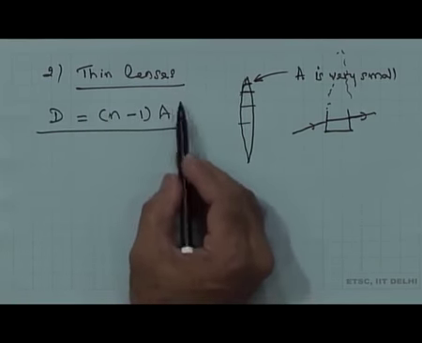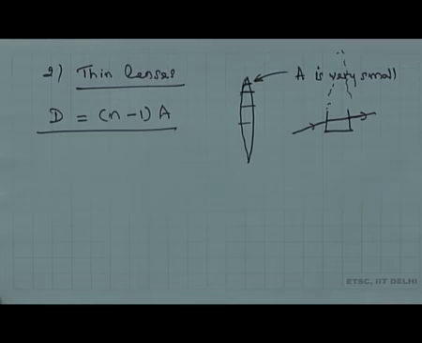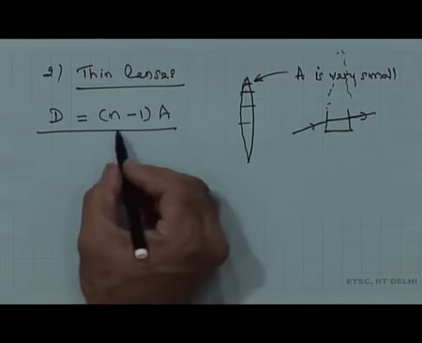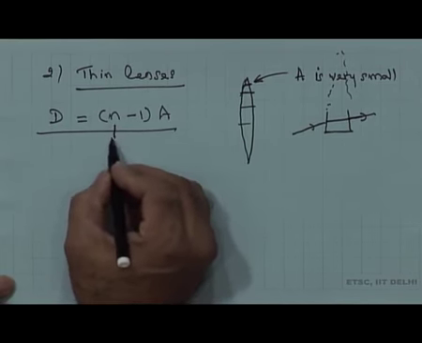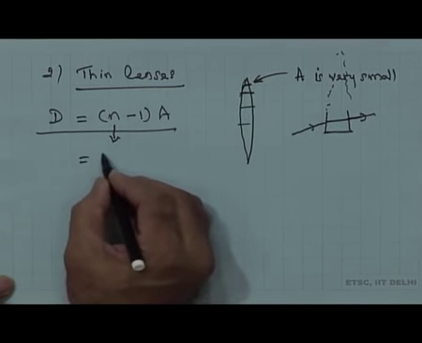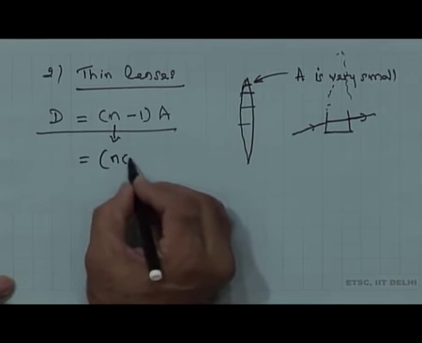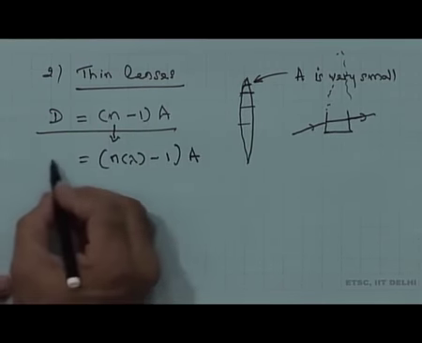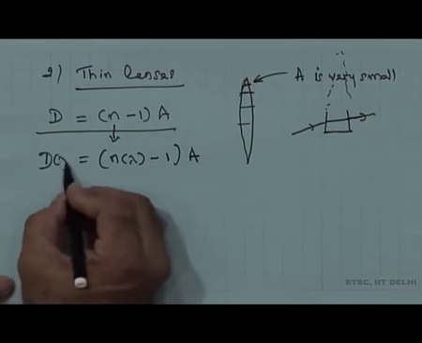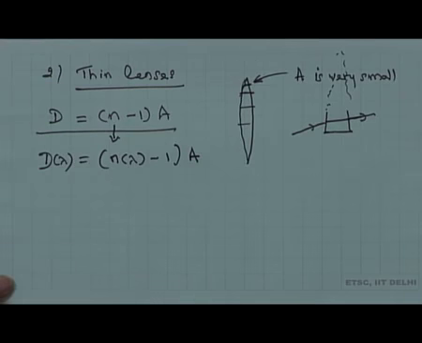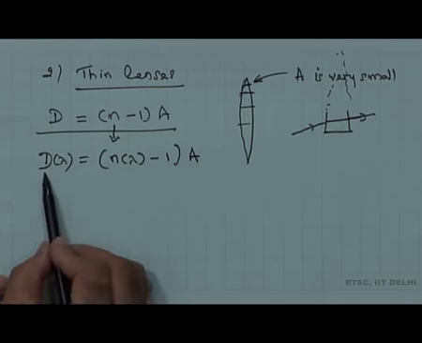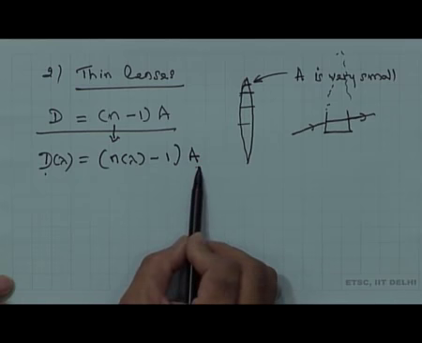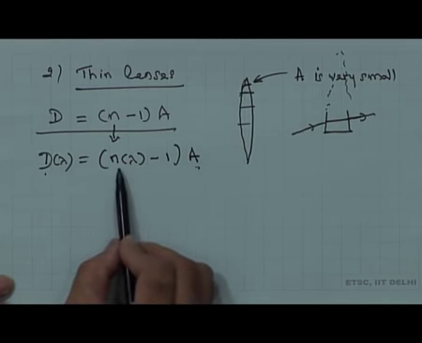If A is very small, deviation is very small. What it means is, although n is a function of lambda, so strictly speaking this is (n of lambda minus 1) into A, therefore D will have a dependence on lambda. However, D itself is very small if A is very small, and therefore, the dependence on n of lambda is very small.